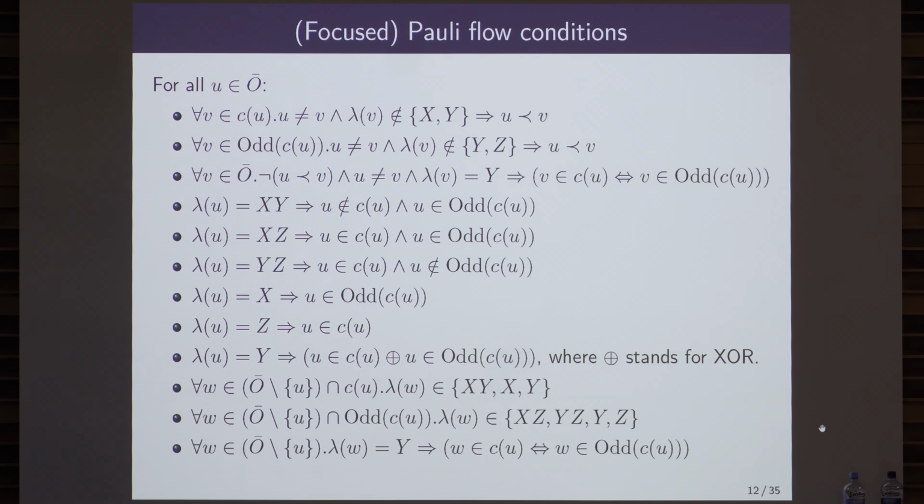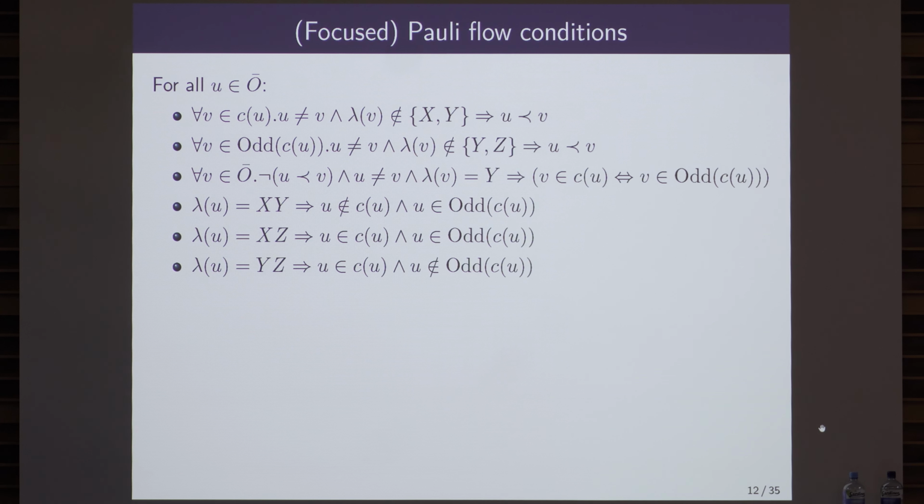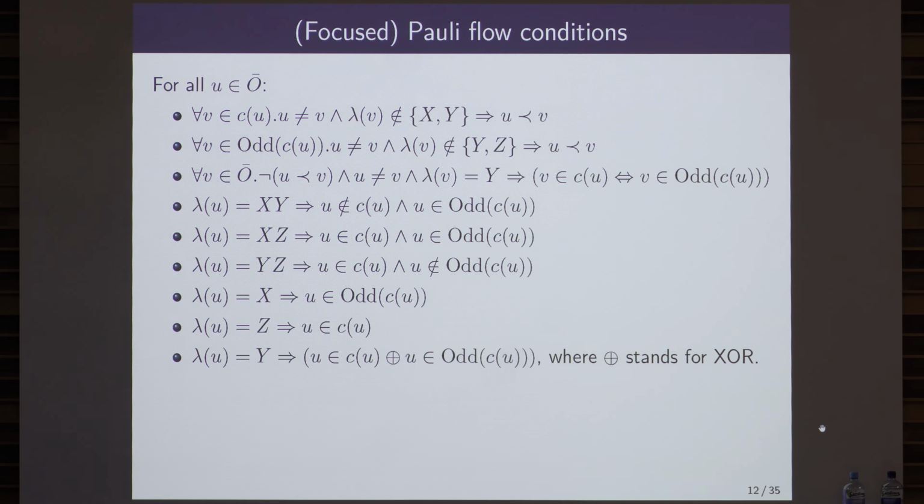But maybe let's look at some categories of those conditions. We have some order restrictions that tell us in what order we can measure the qubits. We have some conditions that tell us how we need to correct planar measurements based on the byproduct that they are producing. The same for Pauli measurements.